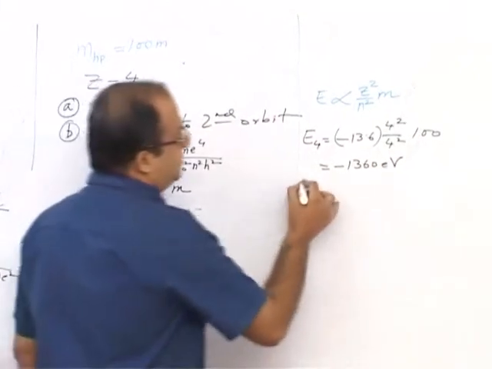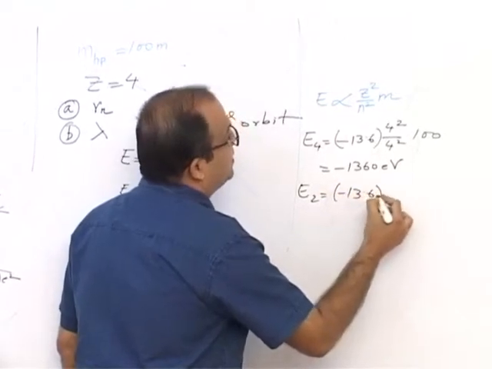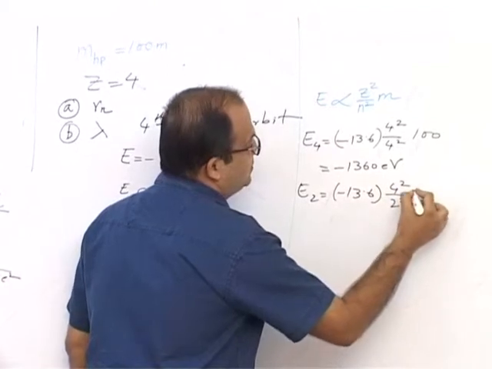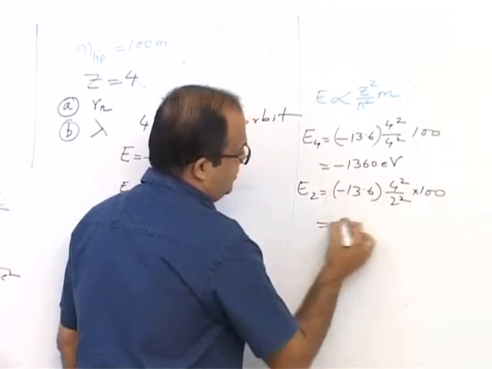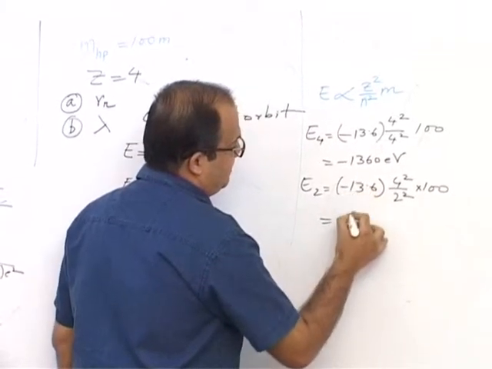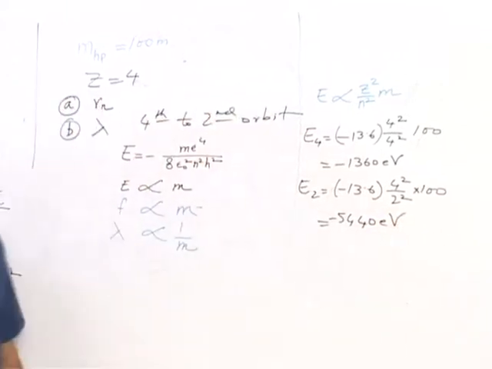Energy of the 2nd orbit will be minus 13.6. Z is again 4, but n has become 2, into 100. That becomes 4 times this, 5440, minus sign.